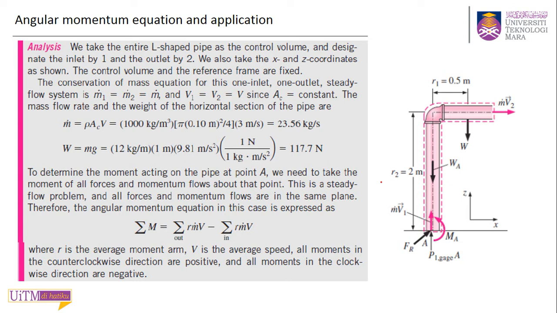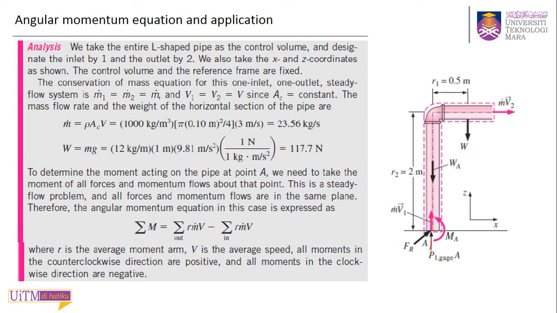So you draw your FBD. You have the velocity coming in, this inlet, downwards, and you have your pressure, P1 A1, coming in as well, and you have m dot V2 going out to the right, and you have your W downwards. Because of the conservation of mass equation, this pipe has the same cross section, so the velocity coming in and going out is the same, and that's why the mass flow rate will be the same.